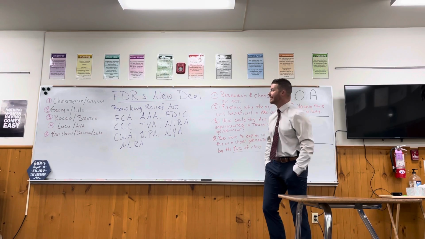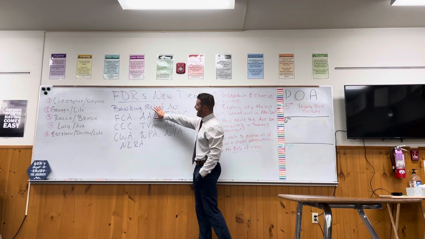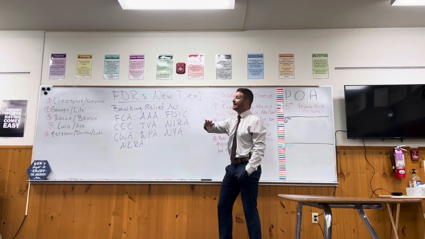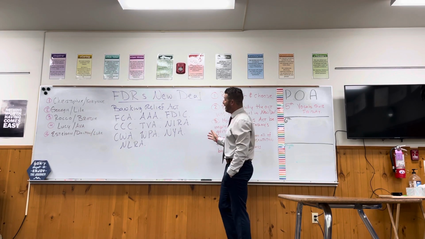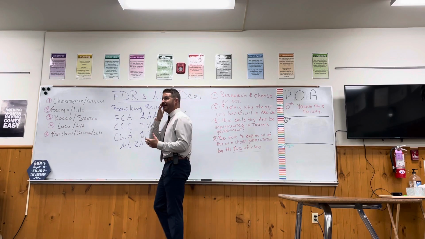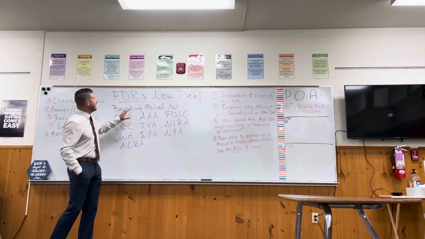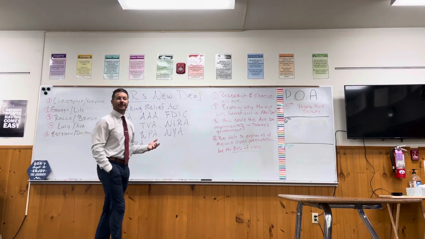You are going to modernize these acts. How would you modernize the Agricultural Act? How would you modernize the FDIC? Because the FDIC only protects up to $100,000. The Tennessee Valley Authority, the building of dams and bridges, how would you modernize that? Basically, I want you to bring these New Deal acts from the 1930s into 2022.